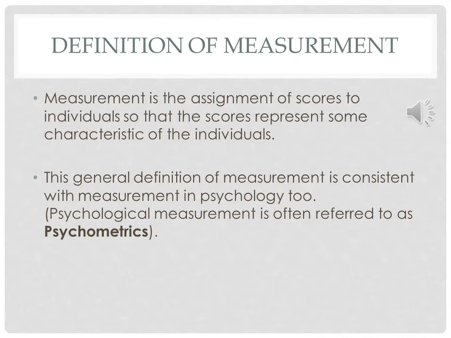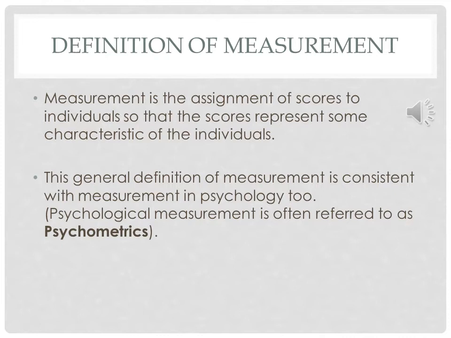So we know that in the previous one we discussed the psychological test, and that test is conducted on the basis of measurements. Measurement is that you are assigning scores, numerical values, to a person, so that the scores represent some characteristics or some behavior of that individual.